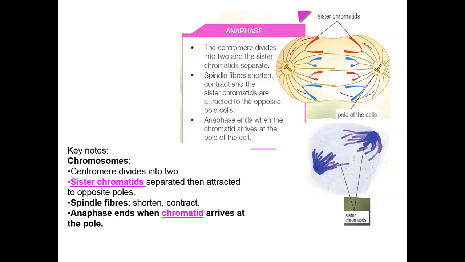The sister chromatids separate, then are attracted to the opposite poles. You can see here, the line here is the spindle fiber. The spindle fiber shortens and contracts, so it will pull the chromatids to the opposite poles. Anaphase ends when the chromatids, now the structure of the chromosome we call chromatid, arrive at the poles.